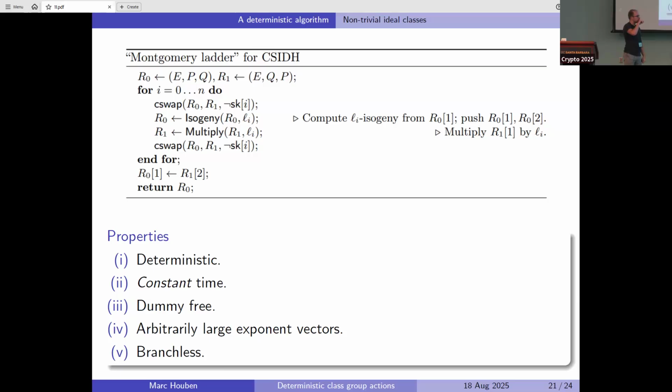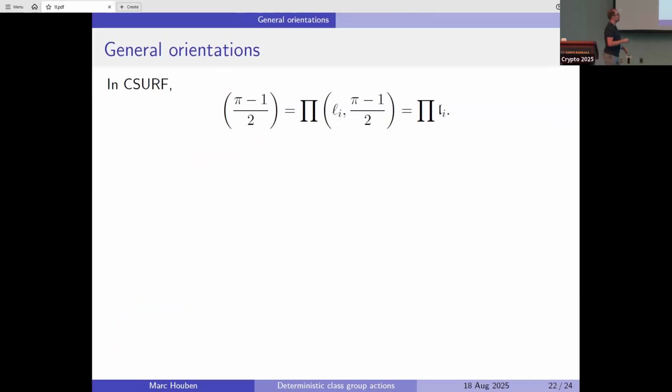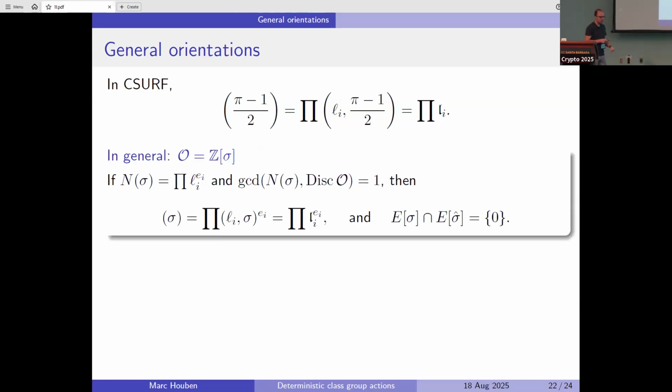How much time do we have, Thomas? 1 minute? Okay, so I'll quickly mention the general situation. The reason this works for CSIDH is because we have this factorization of some principal ideal. This could happen in general.